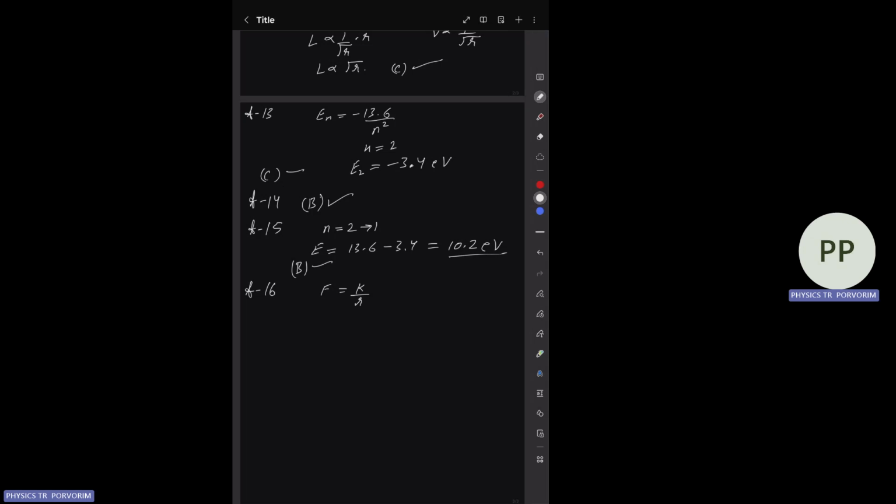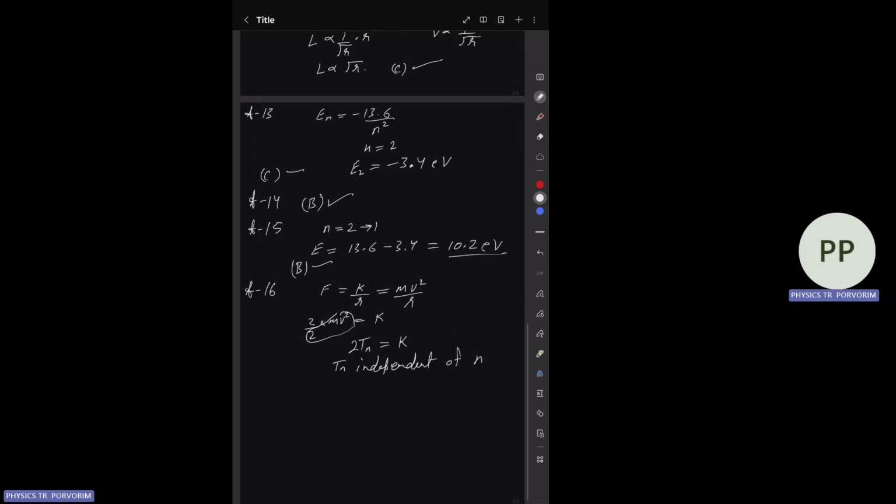So force is equal to K by r, and we can also write it as mv square by r. From here we can say mv square will be equal to K. If I multiply and divide by 2 on this side, it becomes kinetic energy. So 2 times Tn, where kinetic energy is represented by Tn, is equal to K. So basically Tn is independent of n, as we can see from here.